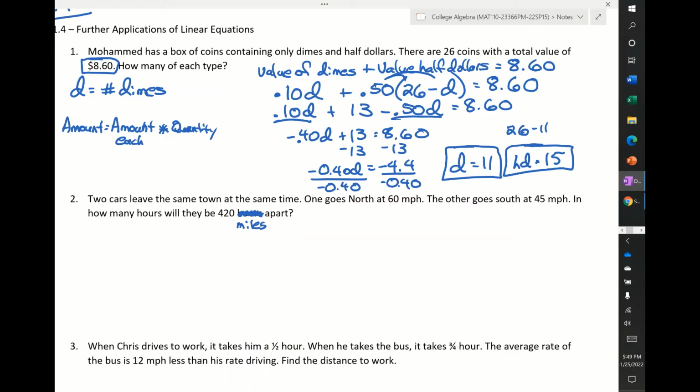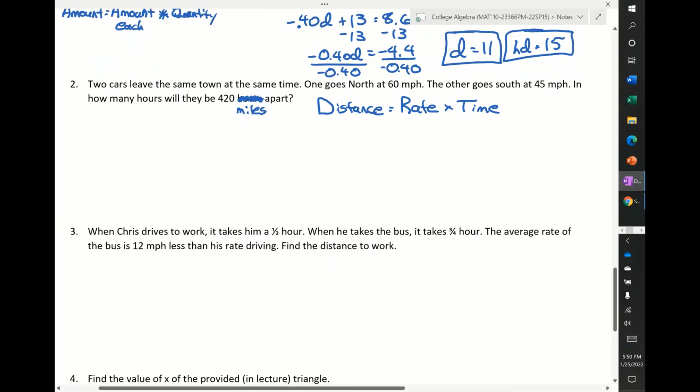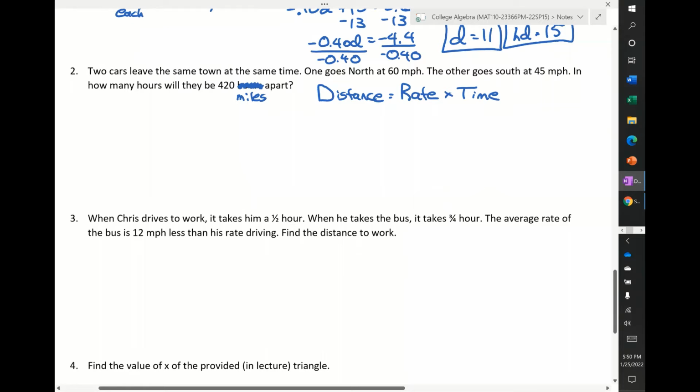So one thing that we could do is we know that distance is equal to rate times time. If we have one car going north, that distance is equal to rate times time.